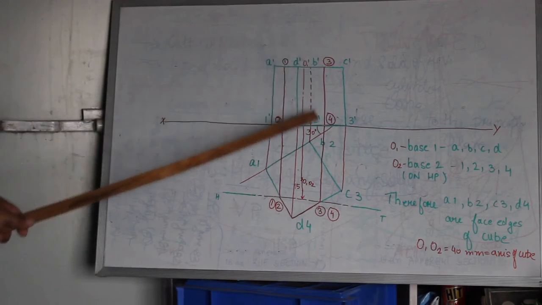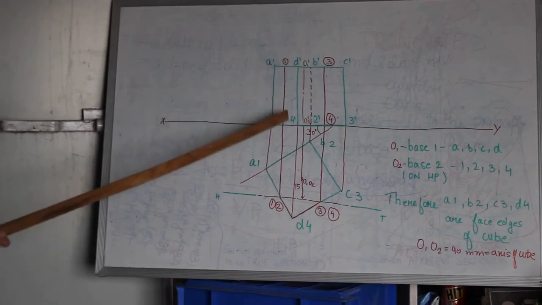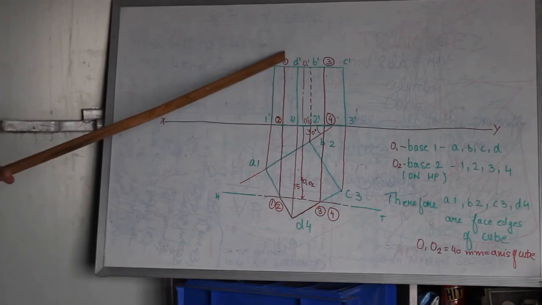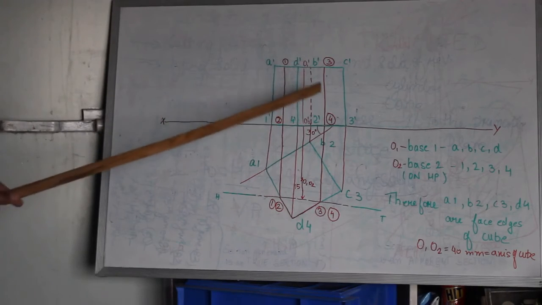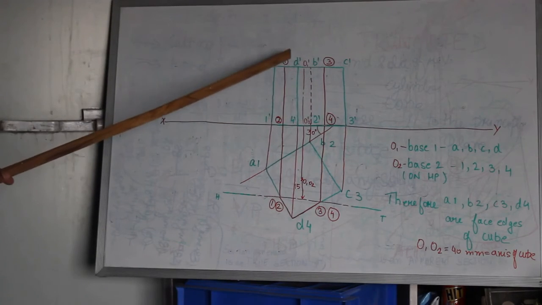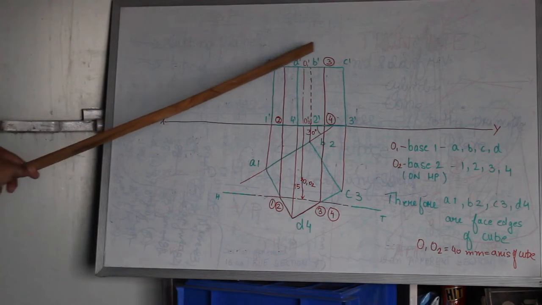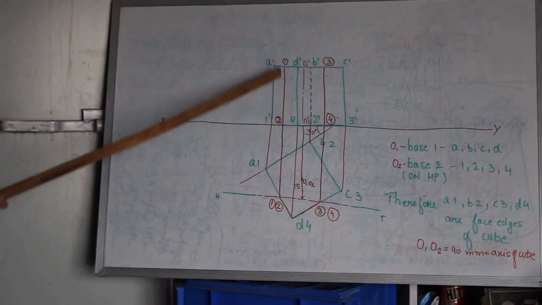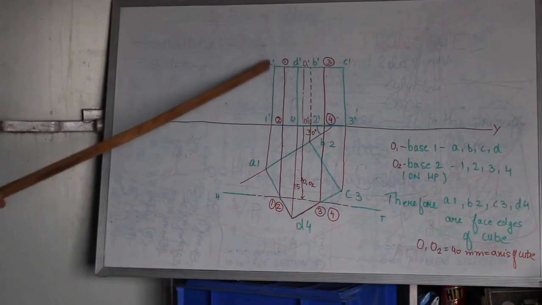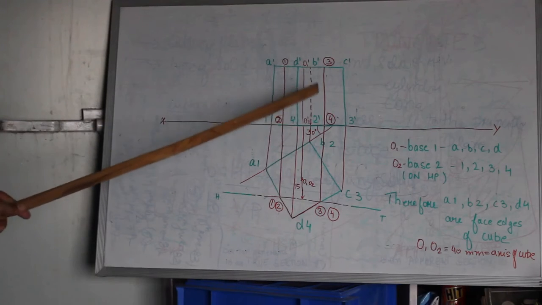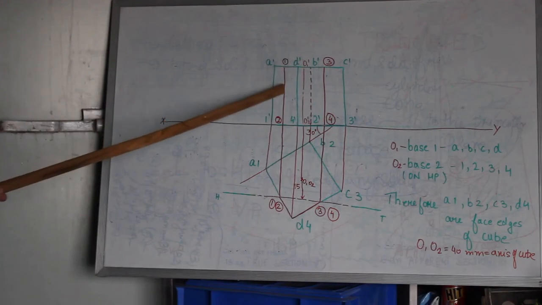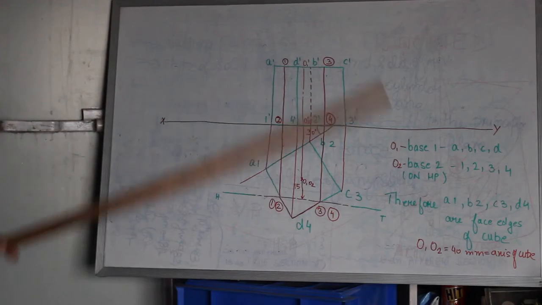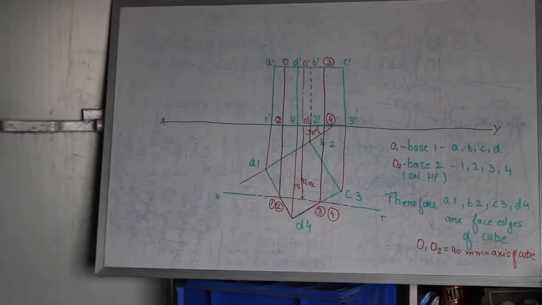So this is making a boundary. 4 is here, 3 is here, 1 is here, 2 is here. When we look at these points, they are connecting each other and making a closed boundary. The closed boundary which is created here is actually the section which is created in the front view.